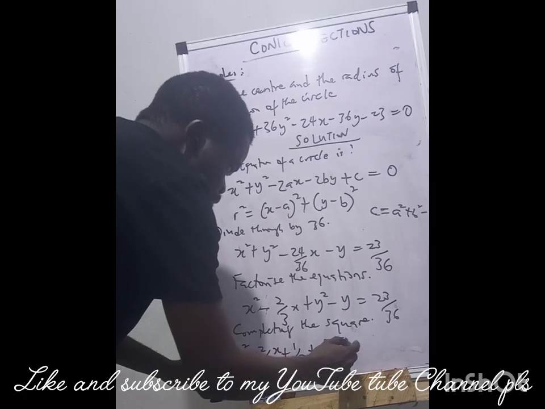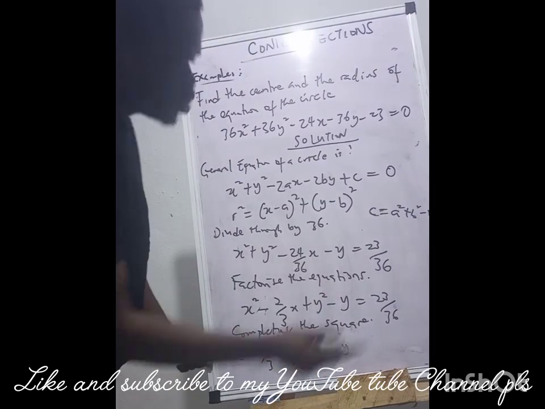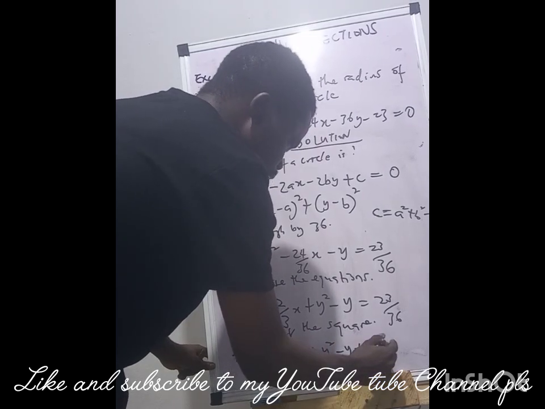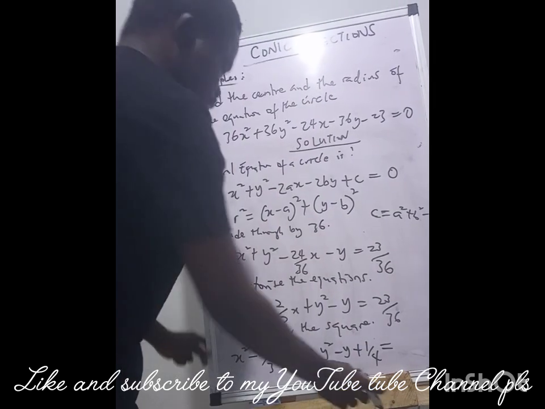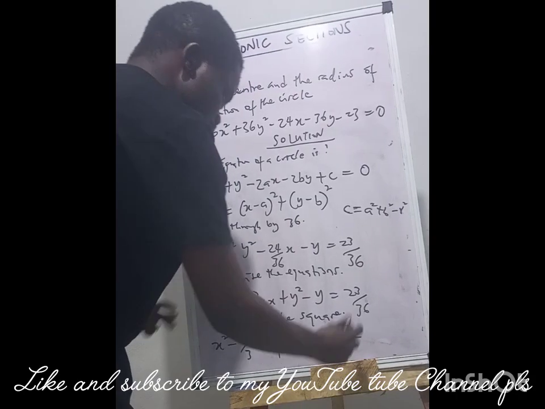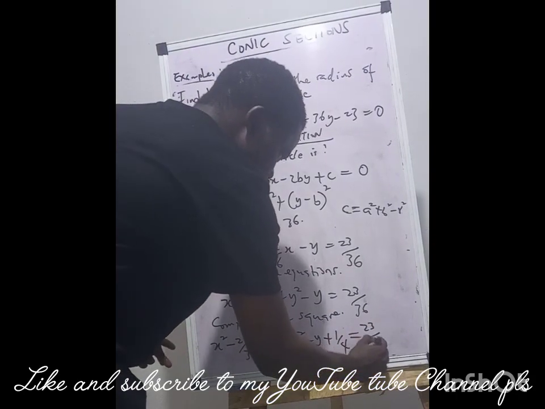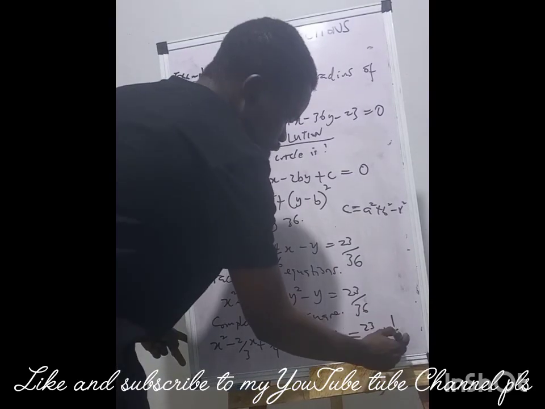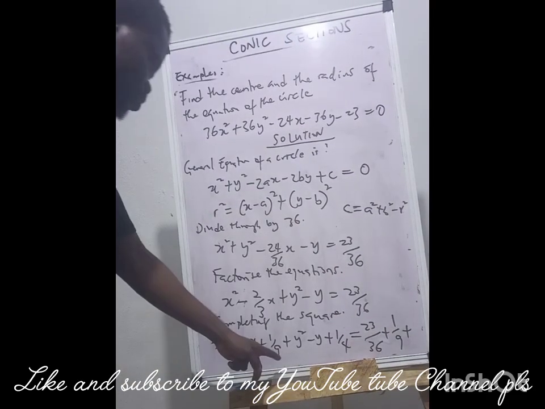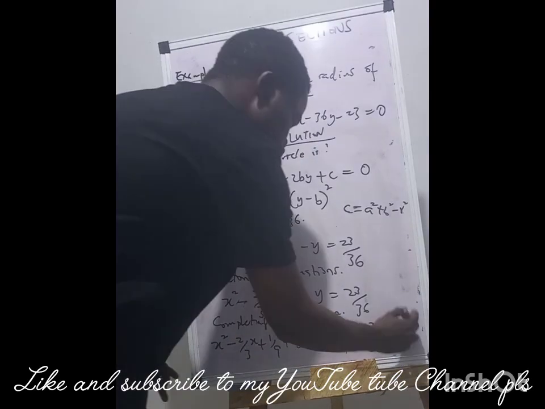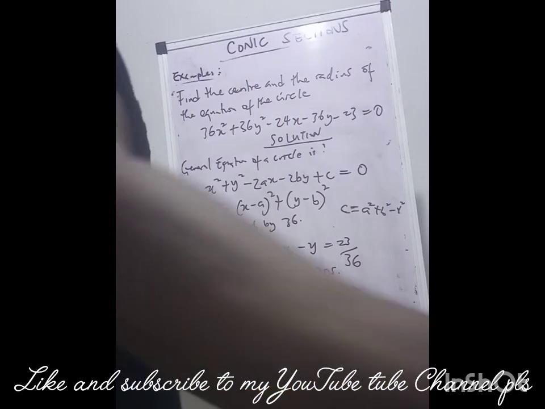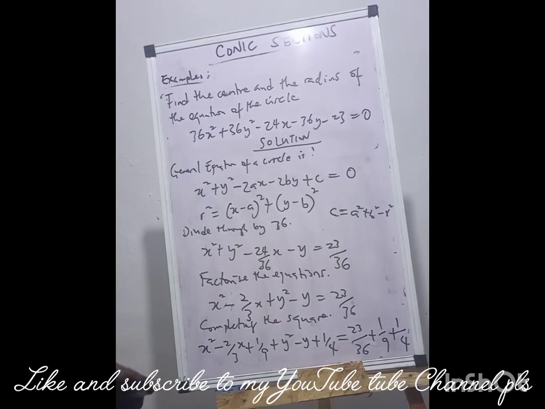Half of 1 is 1 over 2, and 1 over 2 squared is 1 over 4, so plus 1 over 4. Remember, what you do to one side, you do to the other side. You have added 1 over 9 and then you have added 1 over 4, so that we are completing the square.